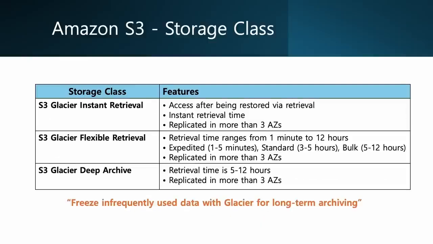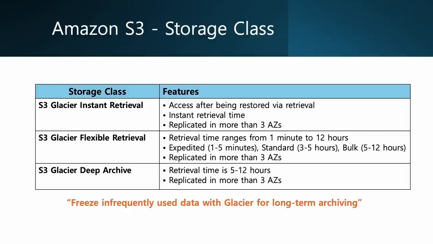Here are the 3 Glacier storage classes. The Glacier storage class is used for archiving rarely used objects. Let's take a look at them one by one. First, Glacier Instant Retrieval is used for objects that need to be immediately retrievable after archiving. Flexible Retrieval is used for storing objects that can have slightly longer lookup delay than Instant Retrieval.